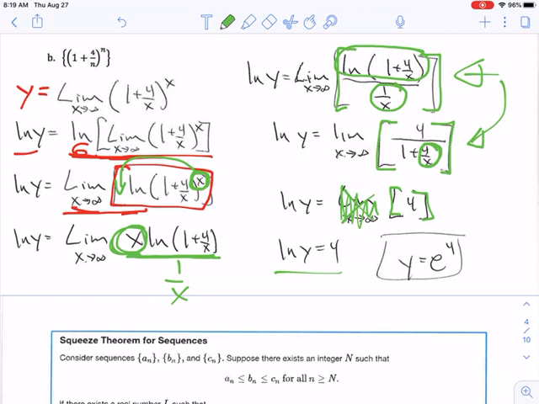Now, let's solve that for y. To solve that for y, we switch it from logarithmic form into exponential form. So we take the base, which is e, raise it to this power, and set it equal to the argument y. So there's a lot of stuff in there.